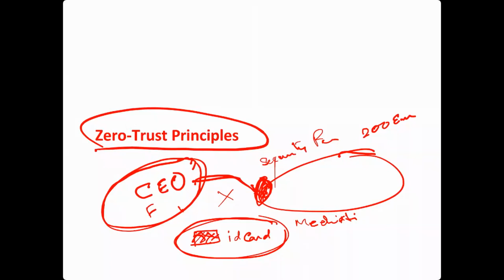Or the CEO has set policies that only developers can have access to code, the code repository where it's all checked in.